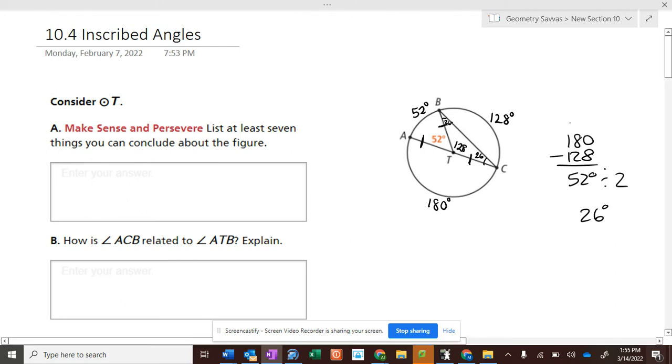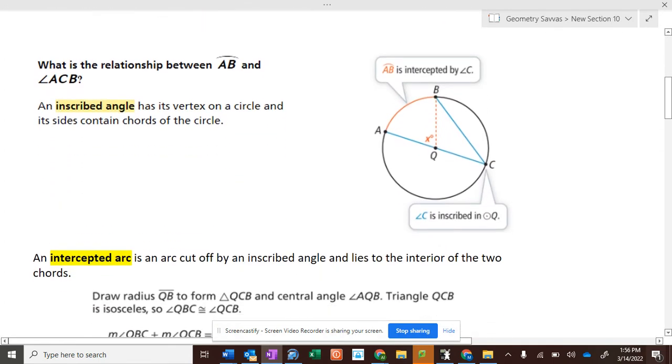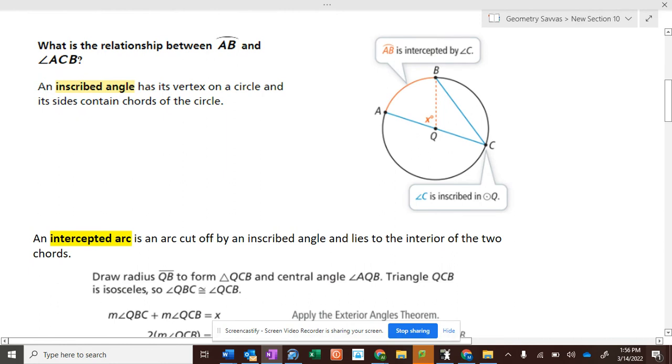Because look, there's a 52 here, which makes 26 there. There's a 52 that relates to the 26. The arc is how much of this angle? Twice as long. The arc is twice as long as this angle here. So then we get to a relationship between what those are.